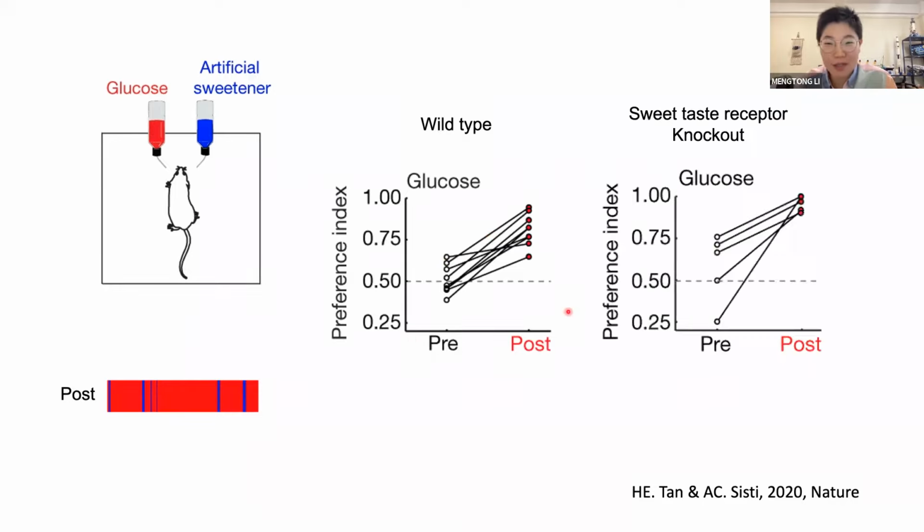Importantly, this dramatic behavior switch also happens in knockout mice lacking the sweet taste receptor. So although mice cannot taste sugar or artificial sweetener, they can still learn to recognize and choose the sugar. So it proves that sugar craving is independent of sweet taste, most likely as a result of the post-ingestive effects.